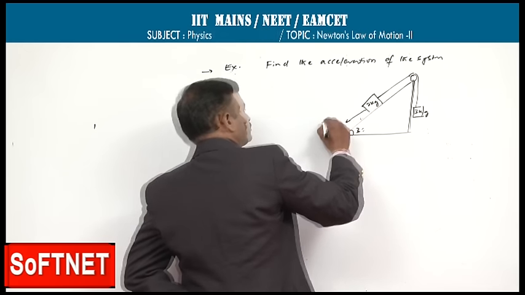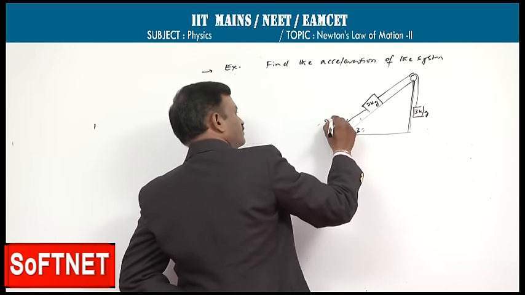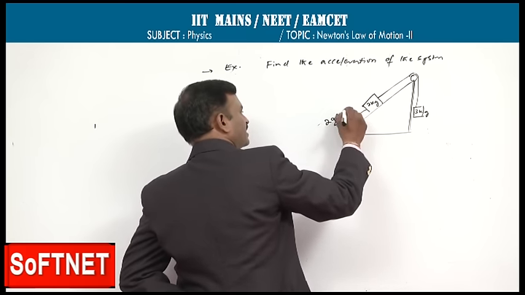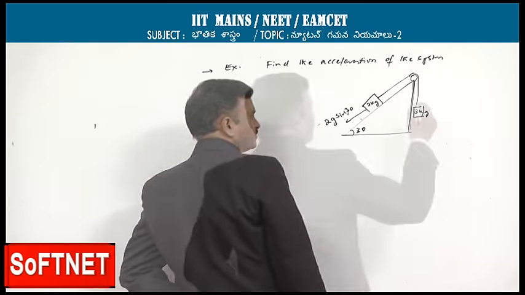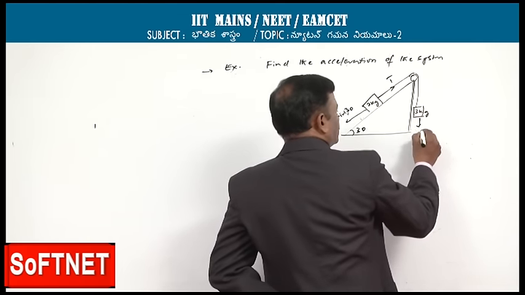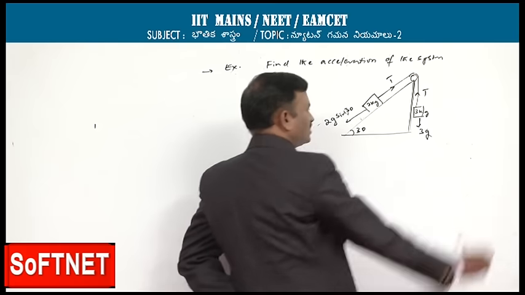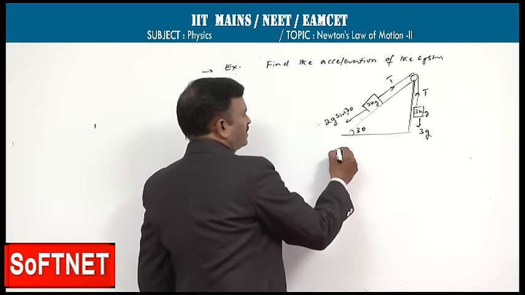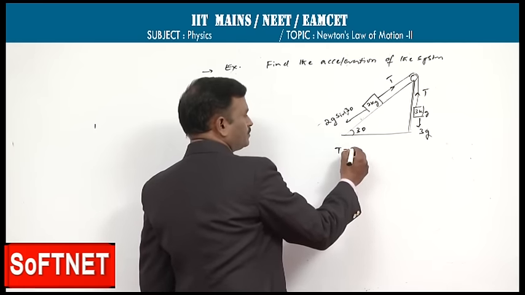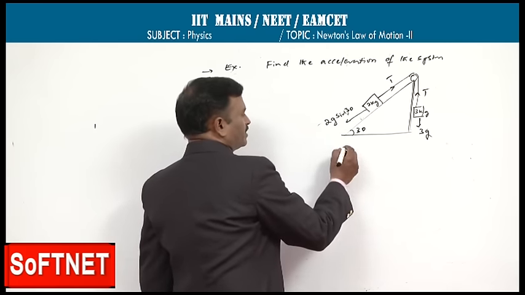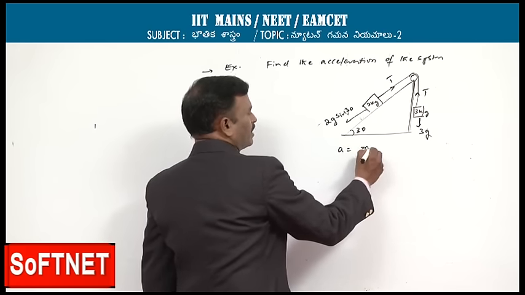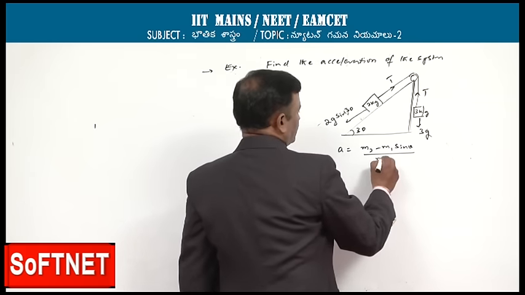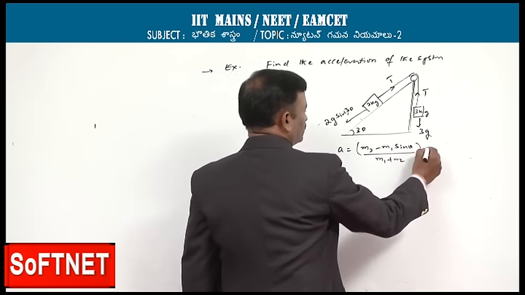Here m1 g sin theta is acting down, with 30 degrees here, tension T is acting up, and here 3 into g is acting down, tension is acting up. Just now we got the direct expression, a is equal to m2 minus m1 sin theta by m1 plus m2 into g.